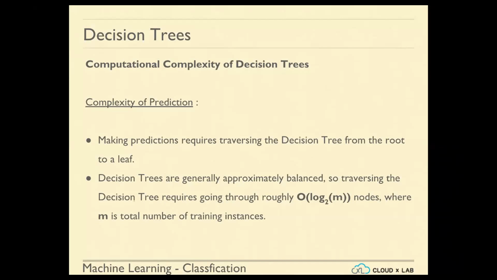Why? Because it's more like a binary search. What is a binary search? You search for a value by comparing it with the middle of a sorted list of numbers. If the value is lesser, you go to the left, otherwise you go to the right. So there also, you keep on dividing the data set into approximately 2 equal parts.